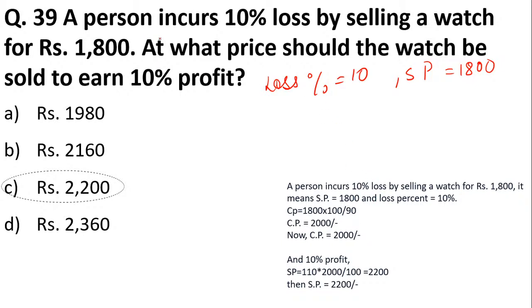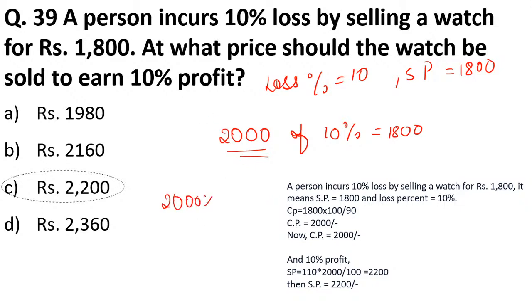See, if the cost price is 2000, and if we take 10% of 2000, it will be 200, leaving 1800. Okay, so this will be the cost price, and on this cost price, if you want to earn 10% profit, what you will do? 2000 into 10 upon 100.